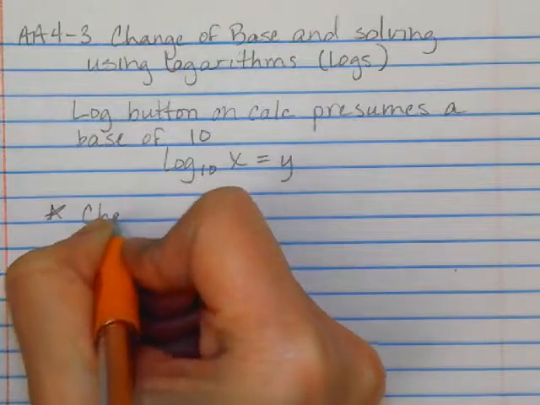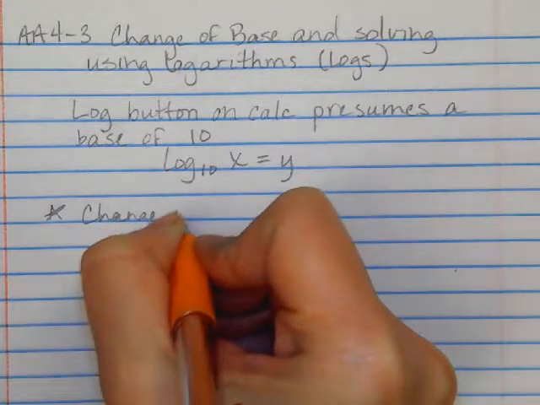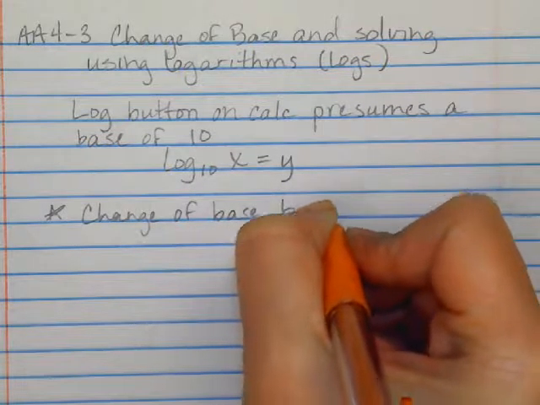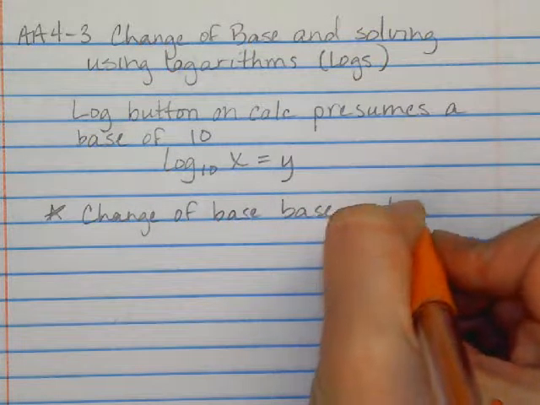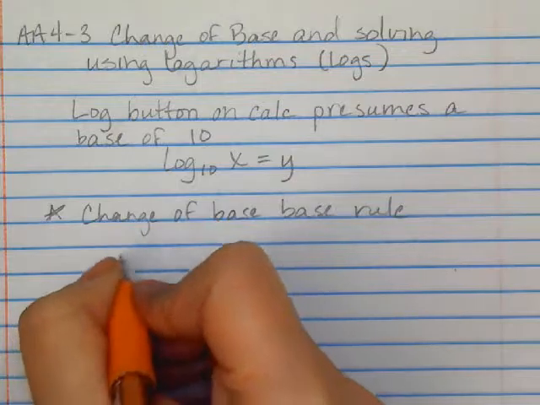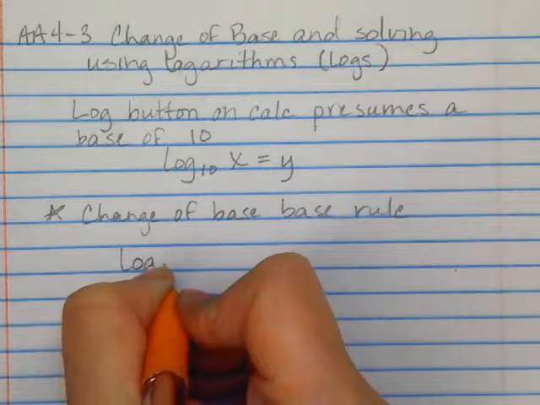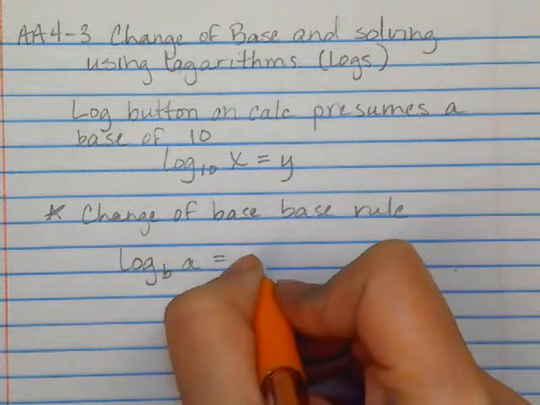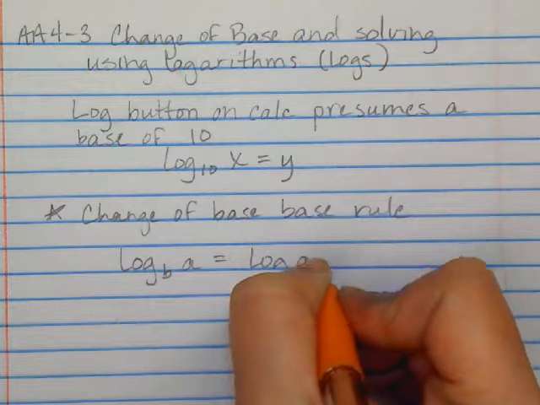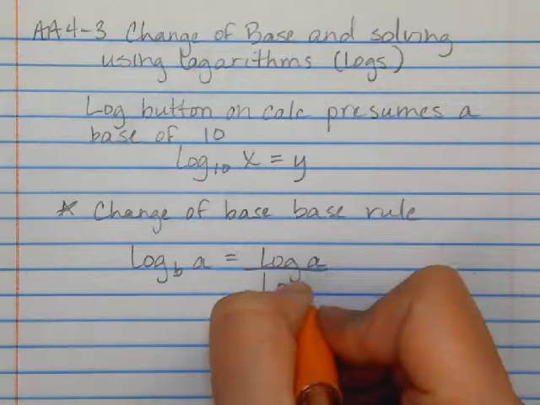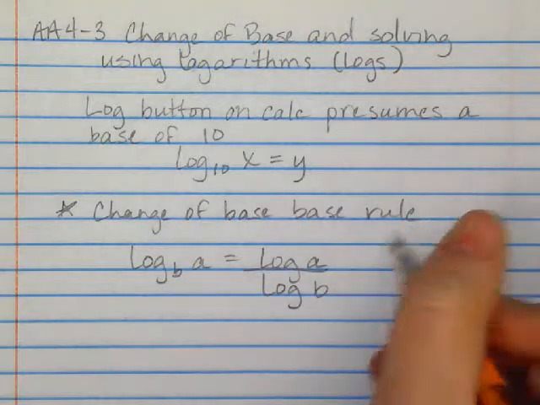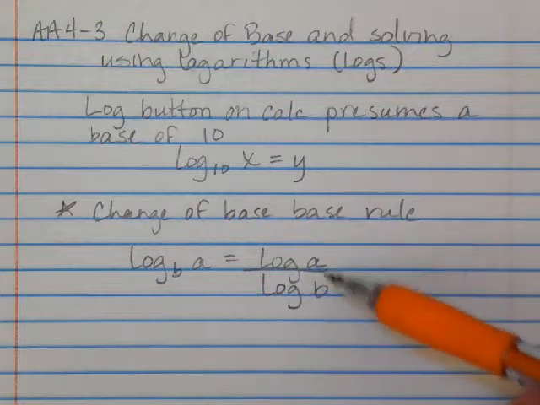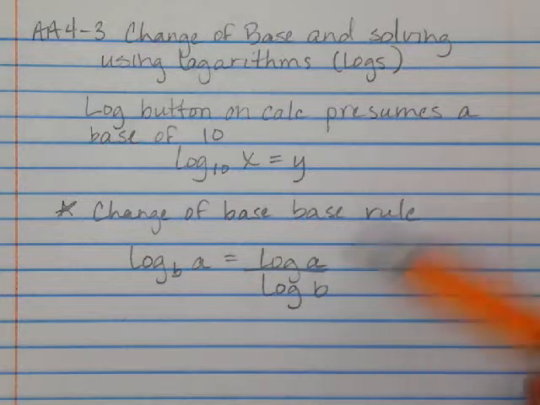The change of base rule says that if I have the log with a base b of a, that is equal to the log of a over the log of b. So that is where the base 10 comes into play, because now we can put this in the calculator.